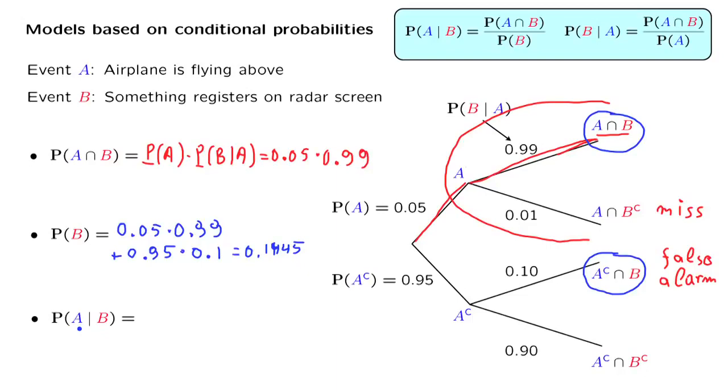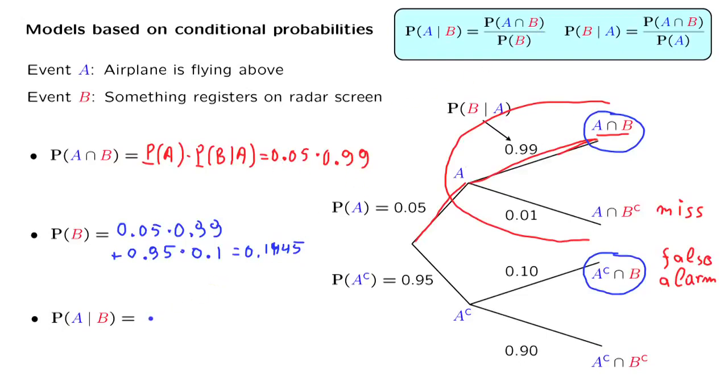How do we do this calculation? Well, we can start from the definition of the conditional probability of A given B, and note that we already have in our hands both the numerator and the denominator.